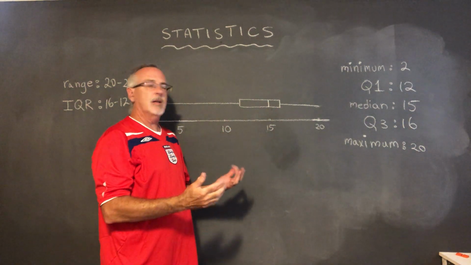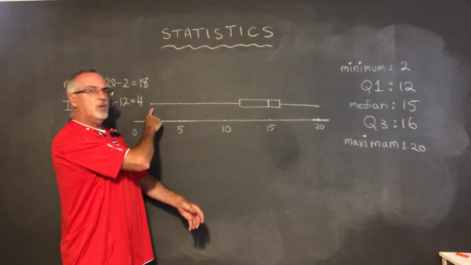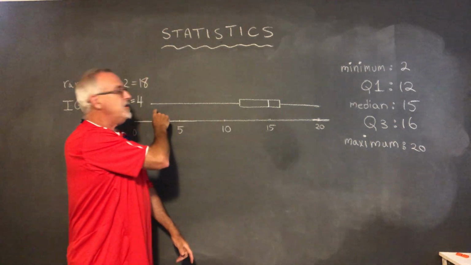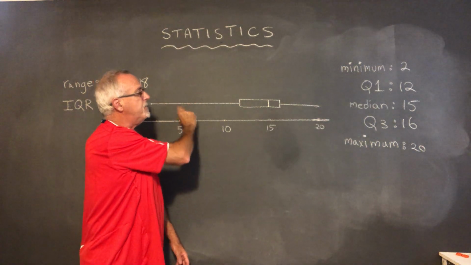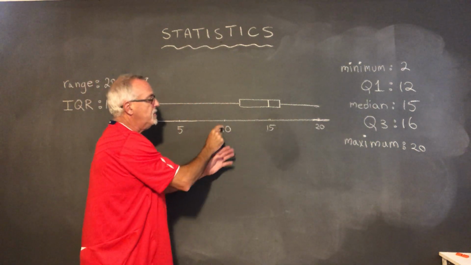So what is that telling us? It's telling us that whatever this data is, the lowest number was a 2, which is a very low number. But that was unusual, there's not too many of these very low numbers, and quickly, even in the first quartile, we get into double digits.